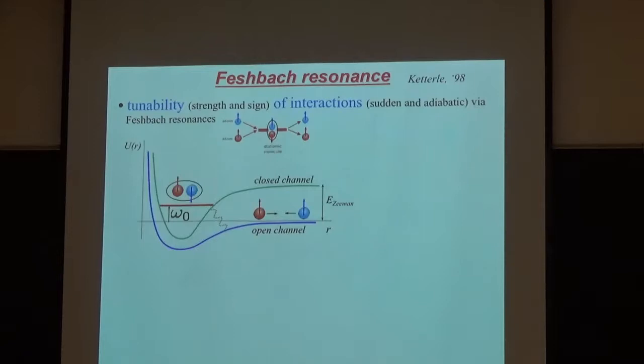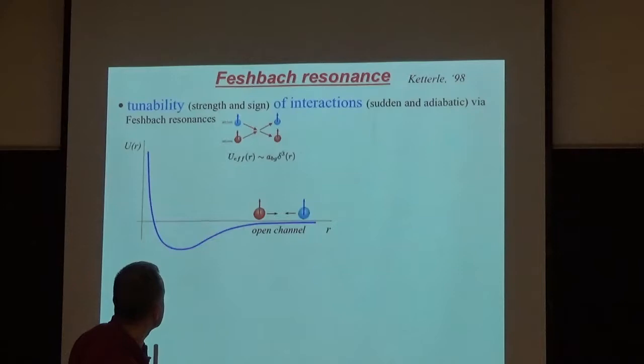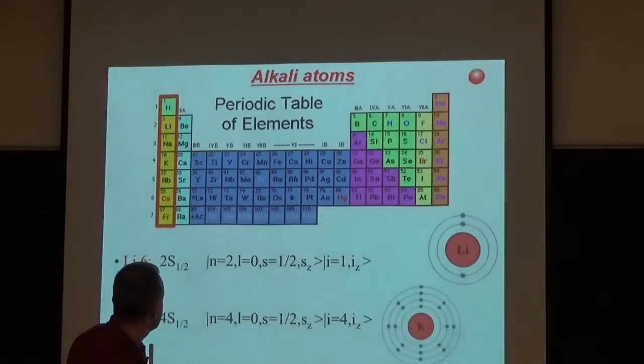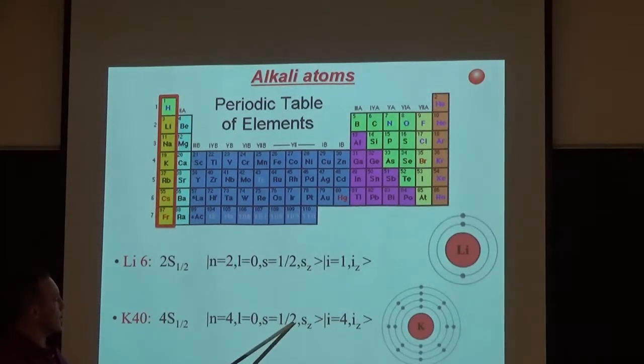But neither is the hyperfine states. So if the magnetic field was 0, then when the atoms are far apart, I would just label them by hyperfine states, M sub F states, which is the combination of nuclear spin and electronic spin. So those are the good quantum numbers. So for example, potassium-40 has nuclear spin 4 and spin 1/2, L equals 0 and N equals 4.